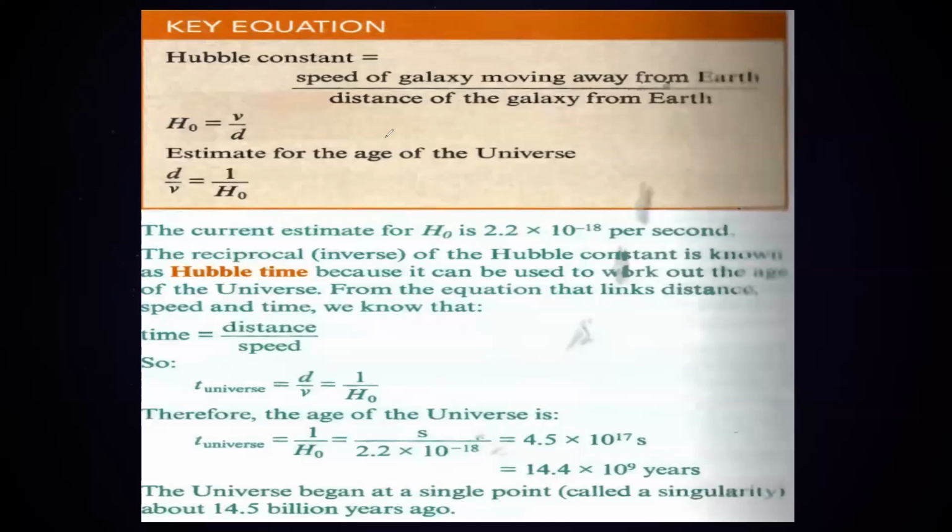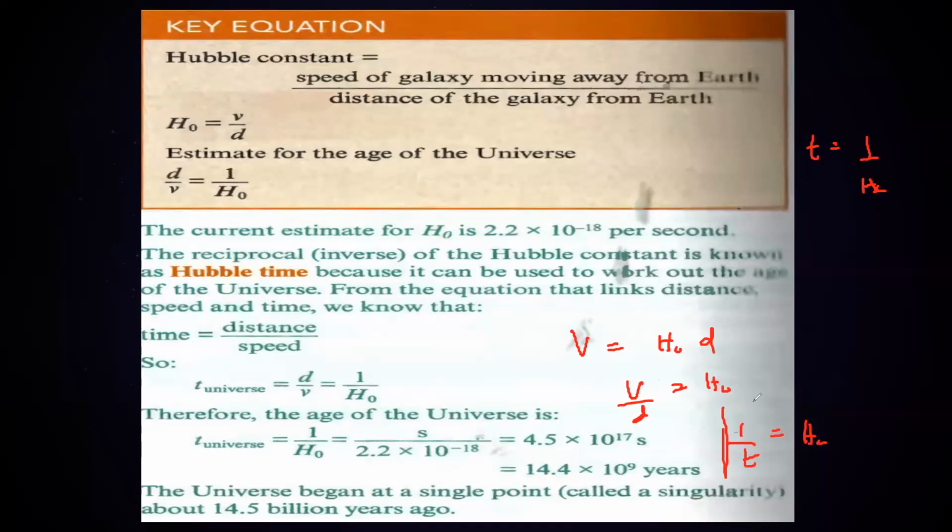So here you have a simple calculation for the Hubble constant. Speed divided by distance is equal to the Hubble constant, and speed divided by distance is equal to the reciprocal of time. So 1 over time is the Hubble constant, or we can say time is equal to 1 over the Hubble constant.